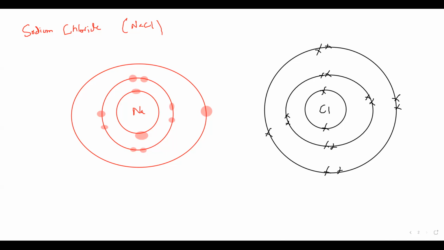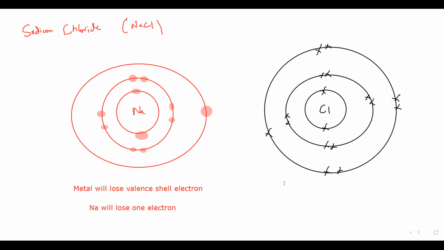So for a metal, I told you metal will lose all its last shell electrons. As the metal will lose its valence shell electrons, how many electrons should sodium lose? Because it is having only 1 electron in the last shell, in this example Na will lose 1 electron.